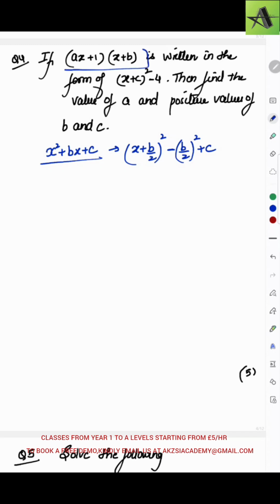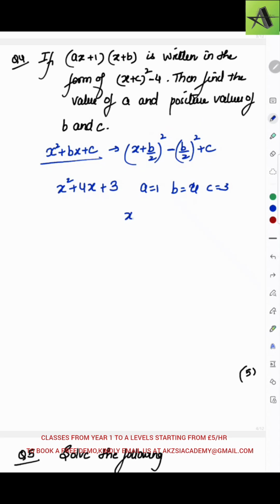So let me show you how you can apply it here. Let me just give you one example and then we'll come back to this question. The question says x squared plus 4x plus 3. Here a is equal to 1, b is equal to 4 and c is equal to 3. So we have to use this formula.